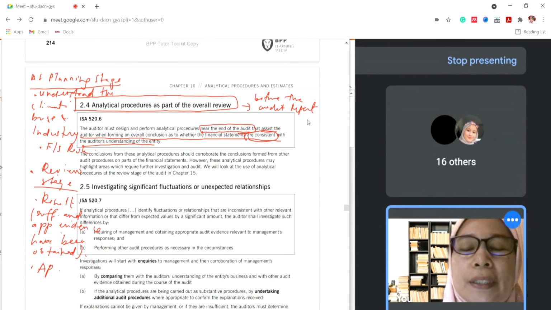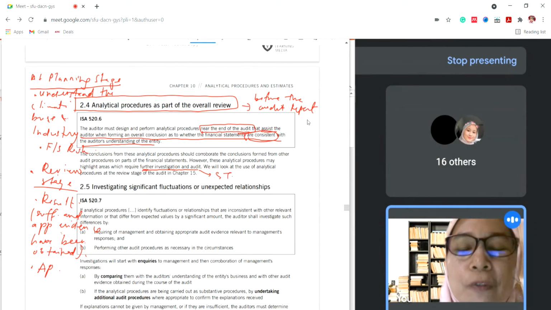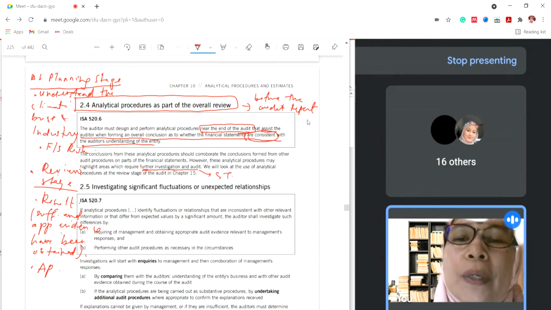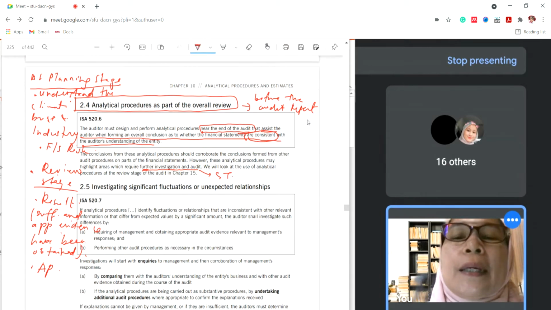The conclusion from this analytical procedure should corroborate the conclusion from other audit procedures on parts of the financial statements. However, this analytical procedure may highlight areas which require further investigation and audit. When you have further investigation, you need to perform your substantive tests again, or perform further substantive procedures.